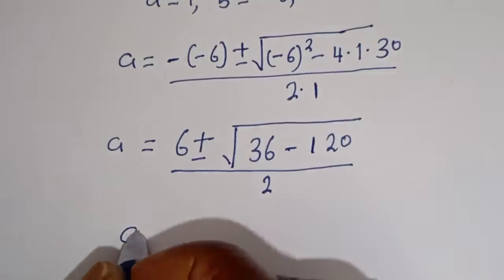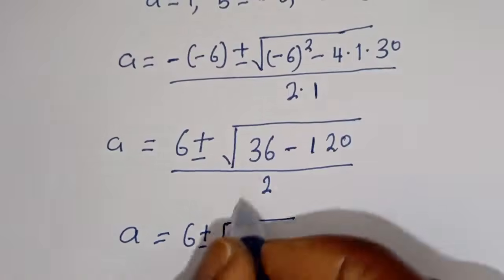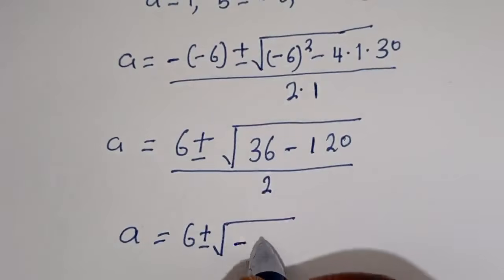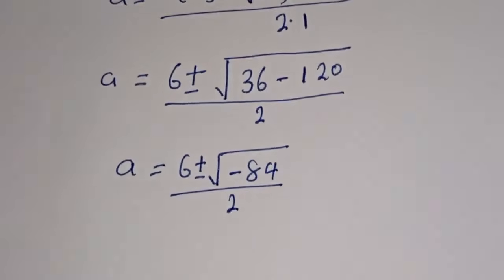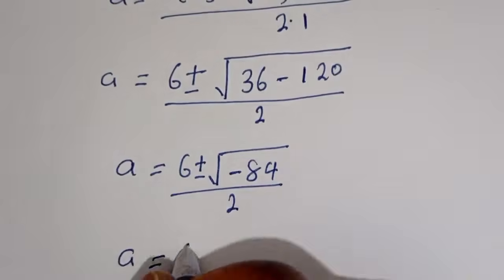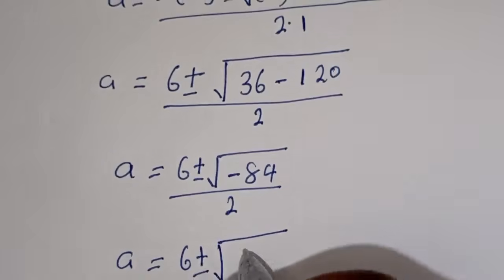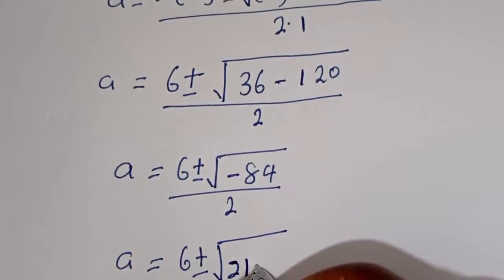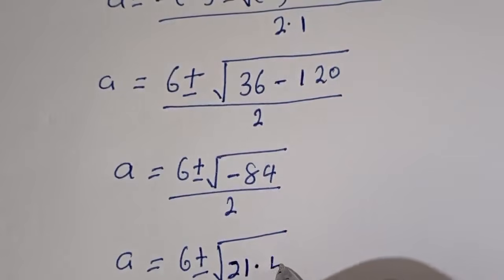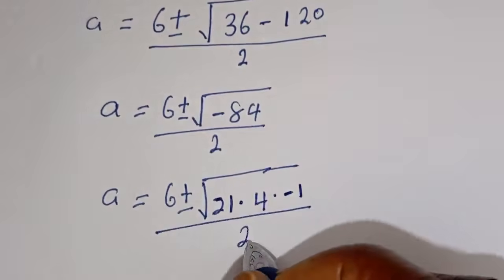Then a is equal to 6 plus or minus square root of 36 minus 120, that is minus 84, divided by 2. Now we have a is equal to 6 plus or minus, 84 can be written as square root of 21 multiplied by 4 multiplied by minus 1, divided by 2.